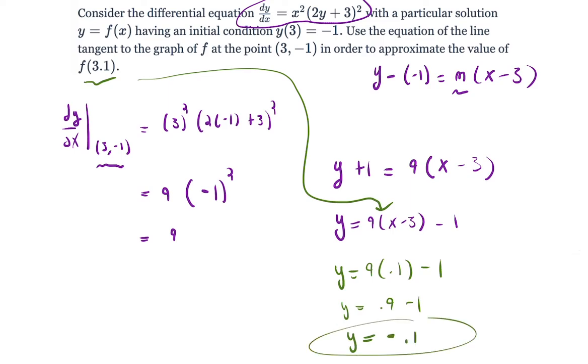And so let's just think, okay, did that pass the smell test? Well, when x is 3, y is negative 1, and the derivative of the function at that point is positive 9. And so our function should be going up over the space from 3 to 3.1, and it does. It goes up from negative 1 to negative 0.1, passes the smell test.